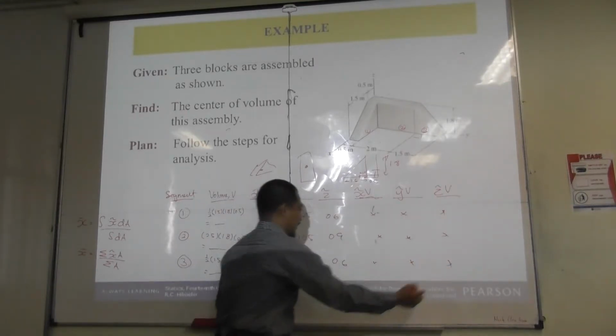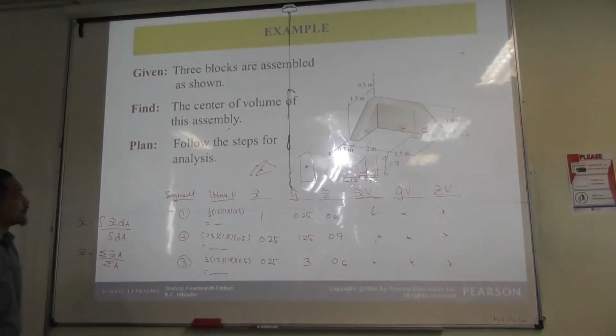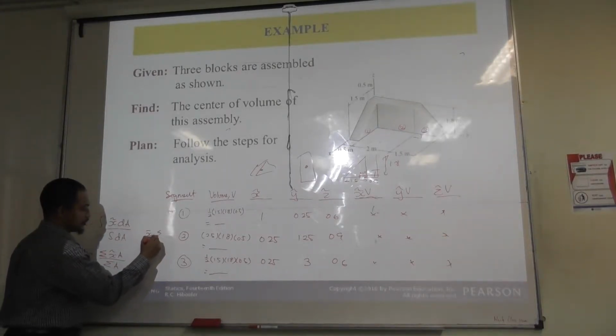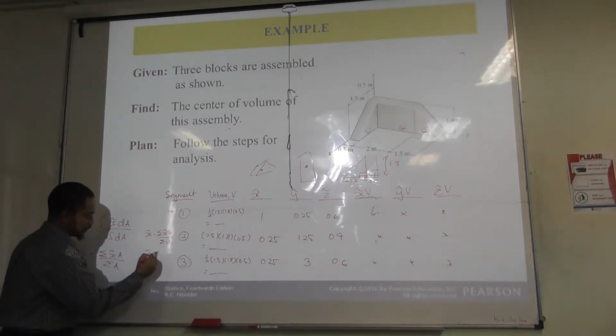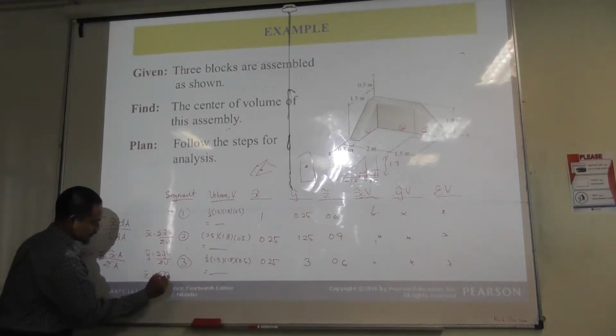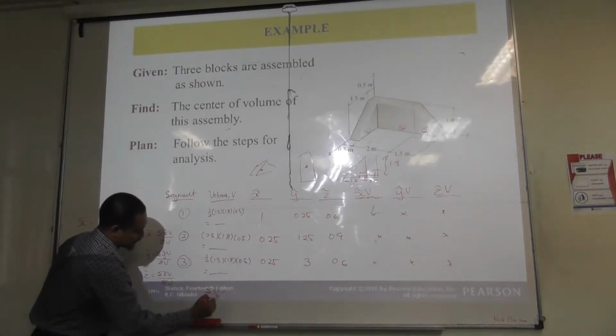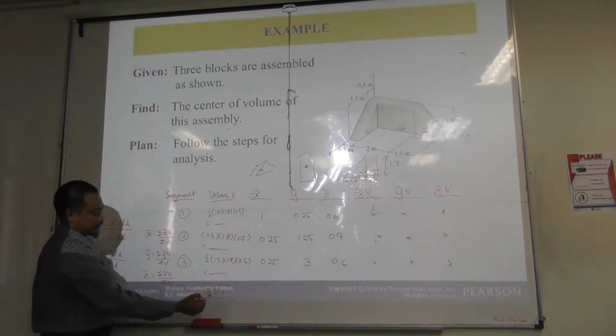So after you have calculated this, what do we need? This is the volume. So you'll have x equal to summation of xv over summation of v, y equal to summation of yv over summation of v, z equal to summation of zv over summation of v. Summation of v is here; you add all these things.